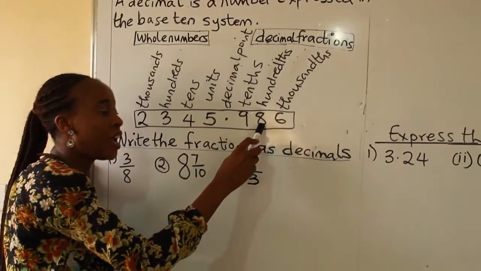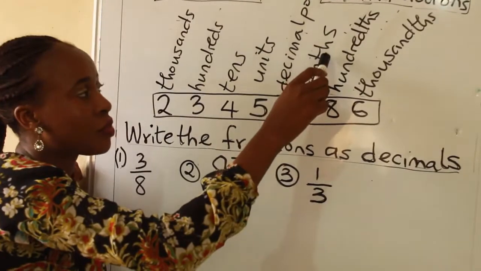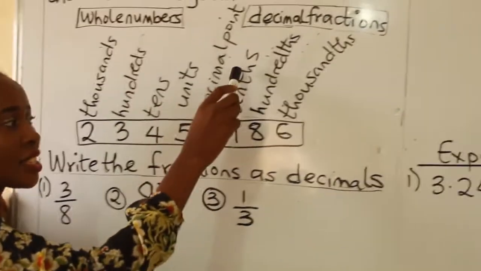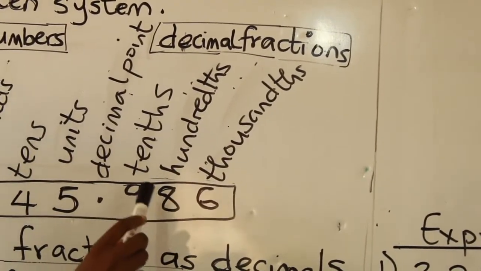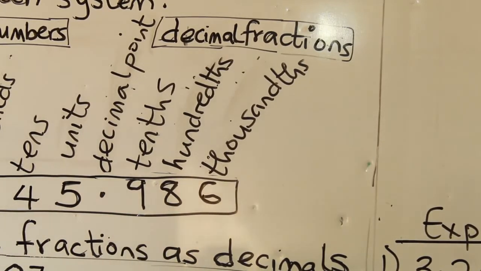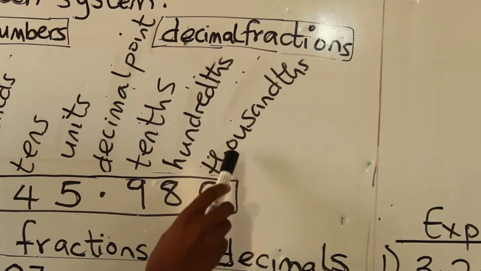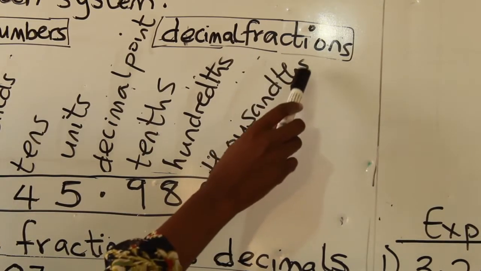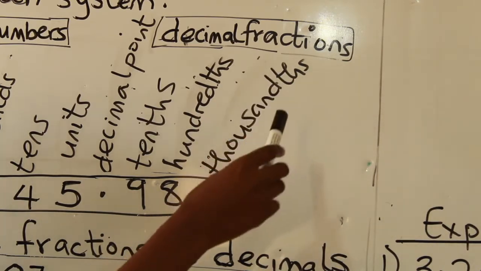And the place value of 8 is hundredths. Take note of the TH. Not tenths, tenths and hundredths. If I'm writing the place value of 8 in figure, I'm going to write 8 over 100. The place value of 6 is thousandths. Take note of the TH after the thousand spelling.